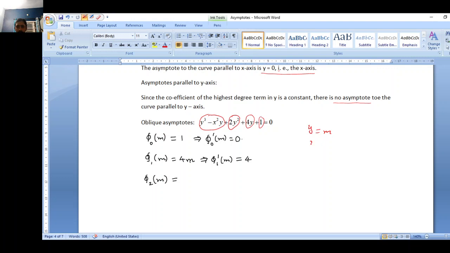Now this is 2y square, so in that there is no x at all, so simply replace every y by m, and that will give me this expression phi 2 of m to be 2m square. So phi 2 of m is 2m square, and accordingly phi 2 dash of m is going to be 4m.